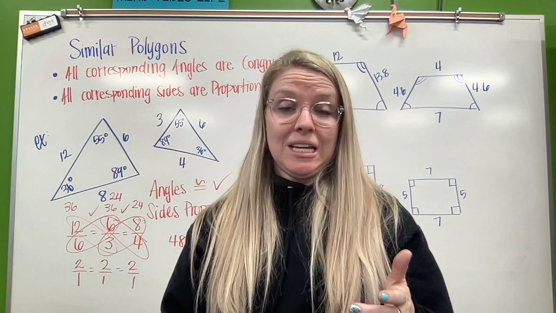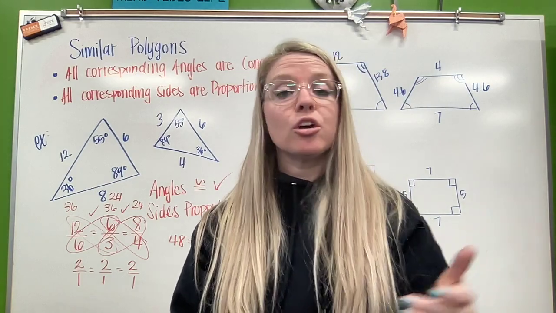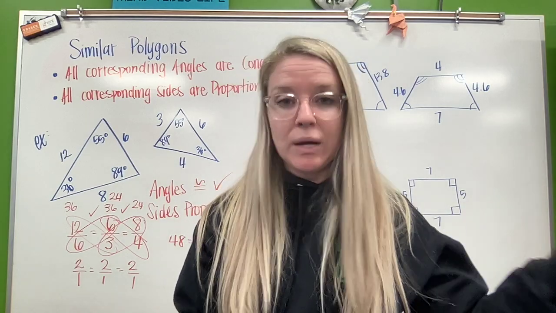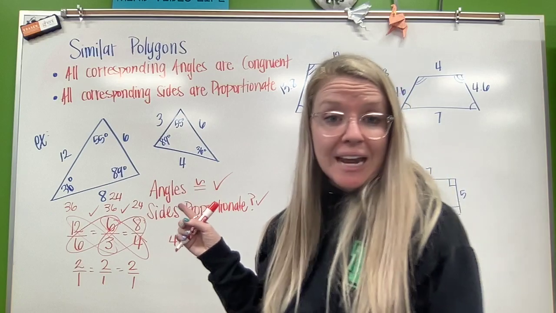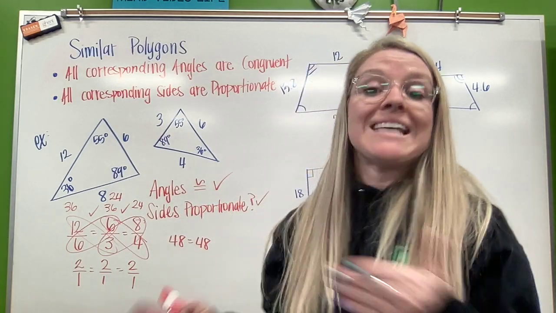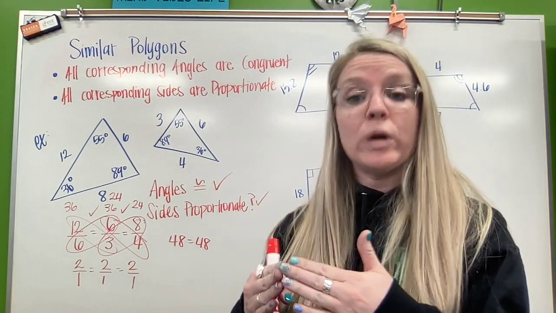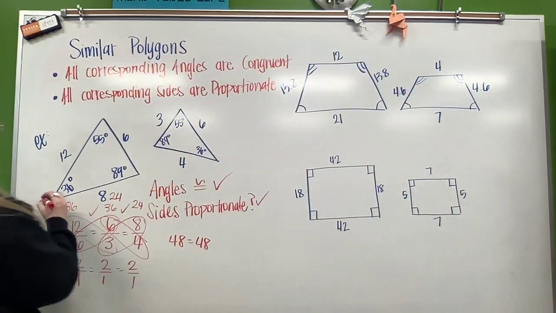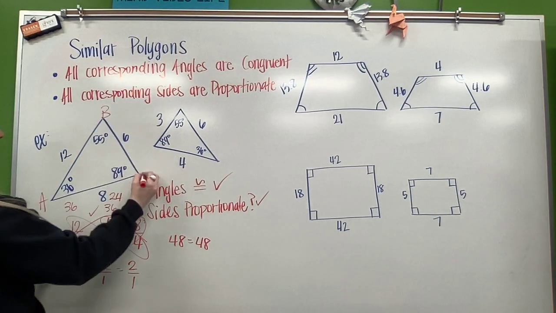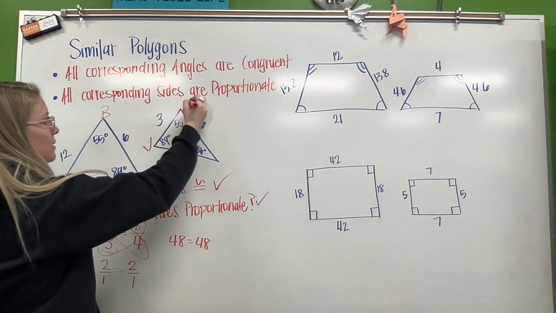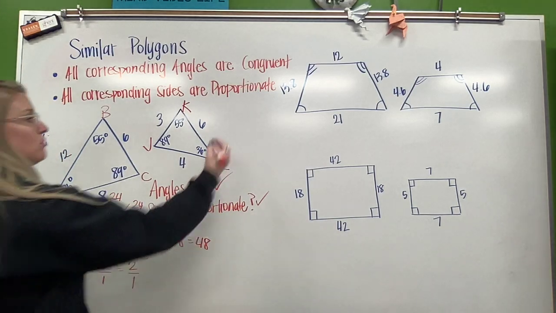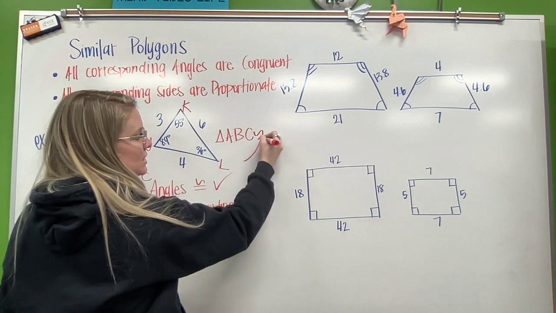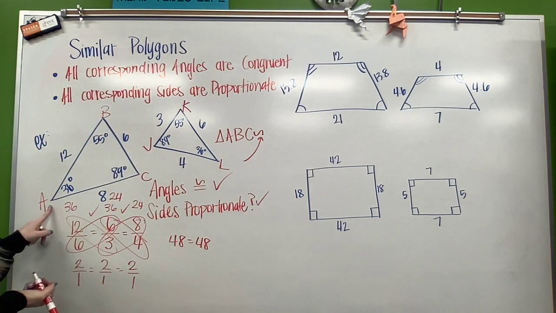Just like with congruency, we had a congruency statement. That statement told us what sides were congruent to what sides, and what angles were congruent to what angles. We can do the same thing with similarity, but instead of telling me that the sides are congruent, I'm telling you which sides are corresponding, which sides are proportionate. So if I label this A, B, C, and J, K, L, I now know triangle ABC is similar, and this little sideways S means similar to, to triangle LKJ.